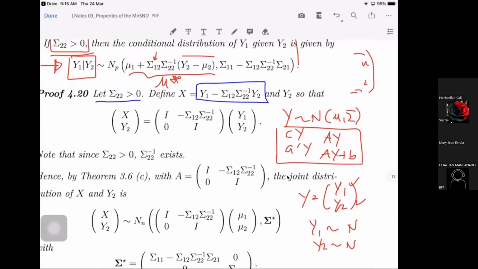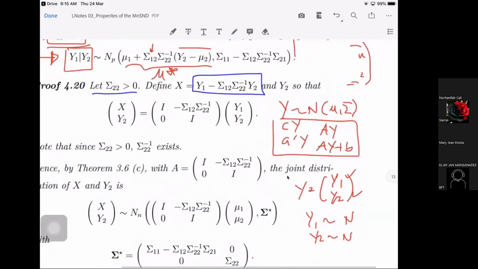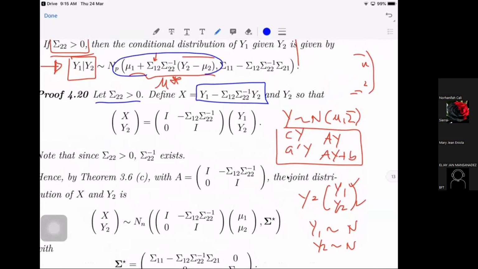So if you look at that relative to this, we see that y1 will have a mean vector mu1, and it is a function of mu2, sigma 12, sigma inverse 22, and then you have y2 there.